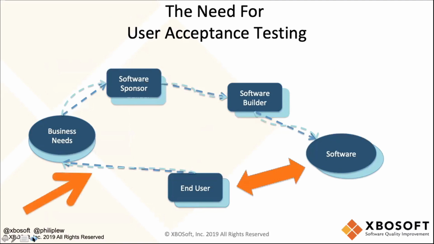And the reason for that is the end user and the actual business needs are not communicated well to begin with, and then at each step along the way, going from the business needs to the person or the company that's building the software to the actual developers, there's all these different filters of communication, and somehow things get lost along the way.